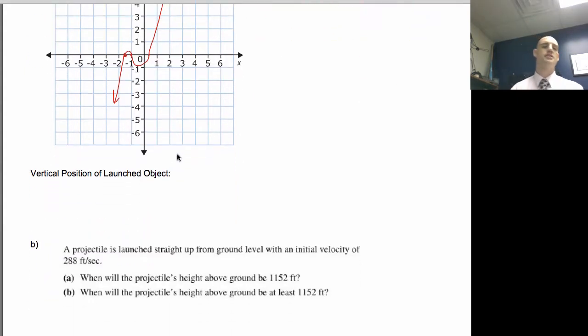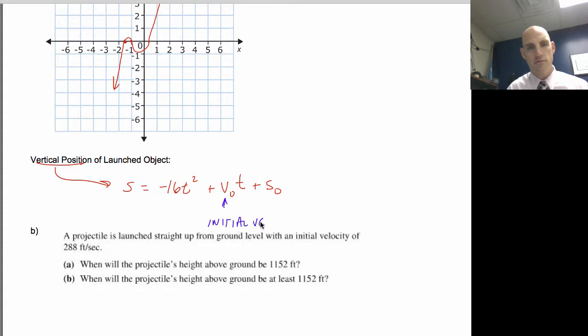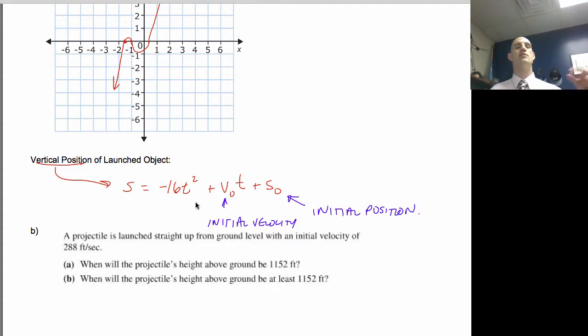All right, vertical position of a launched object. This is physics, folks. Vertical position s is equal to negative 16t squared plus v sub 0 t plus s sub 0. These sub zeros: this is initial velocity, and this is initial position, meaning where does it start?